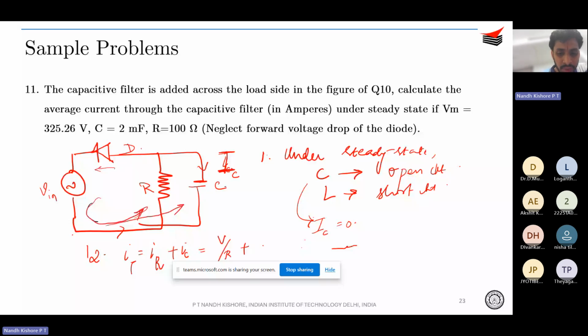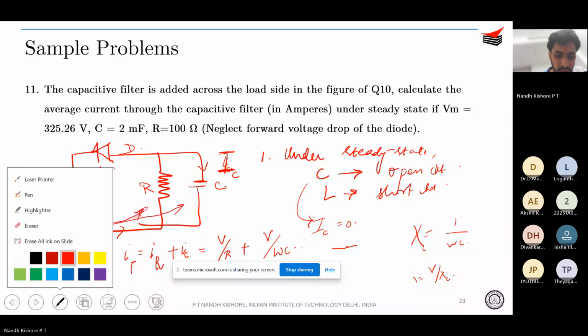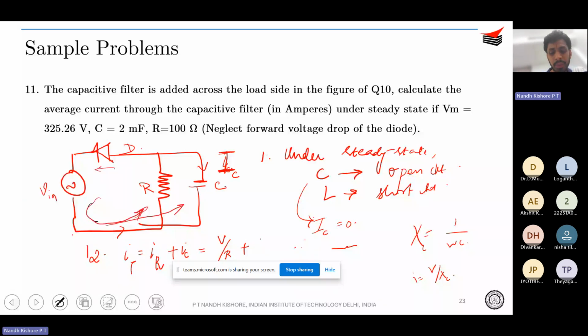Sorry, you know that XC is equal to 1 by omega C. So I is equal to V by XC, or V into omega C. So it will be V into omega C.